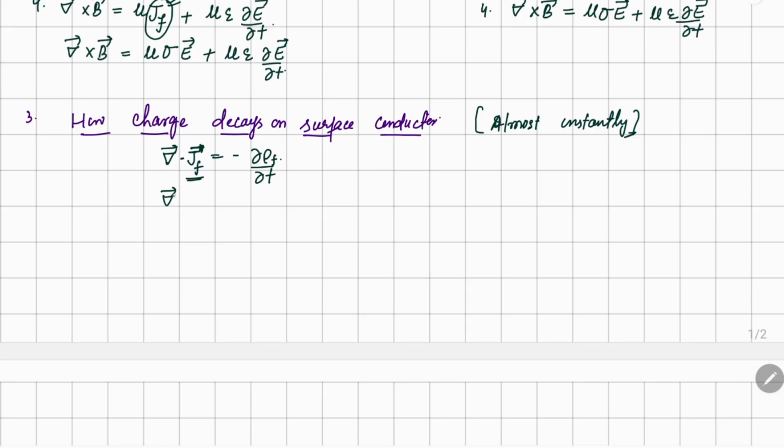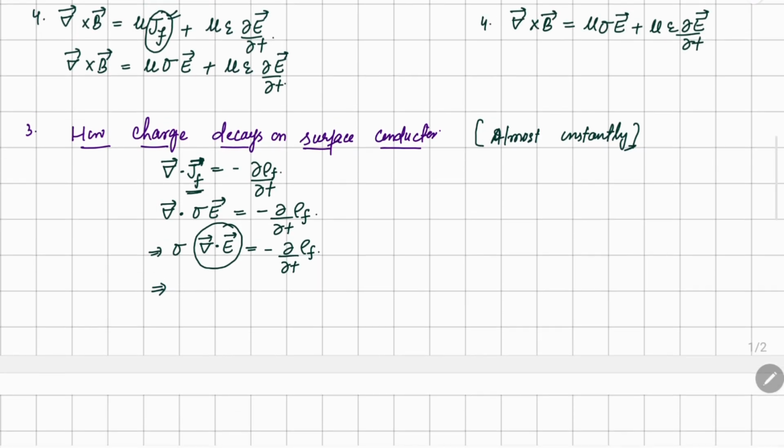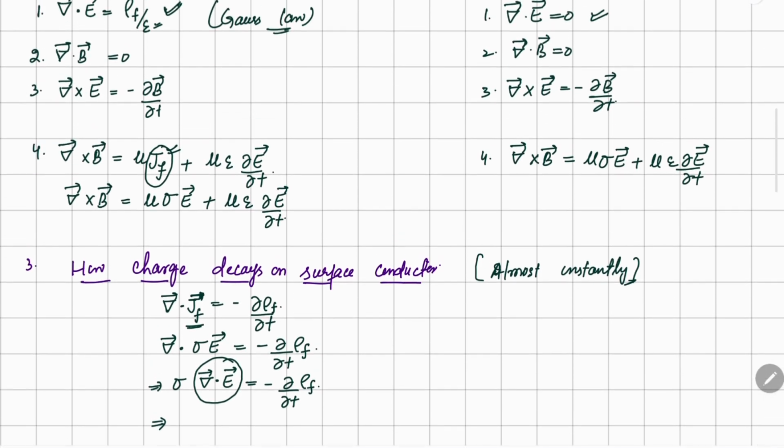So in place of J_f, I'll write del dot of sigma E equals minus dou by dou t of rho_f. Now let me take this sigma outside. So sigma del dot E equals minus dou by dou t of rho_f. Now in place of del dot E, I'll write rho_f by epsilon, using this equation.